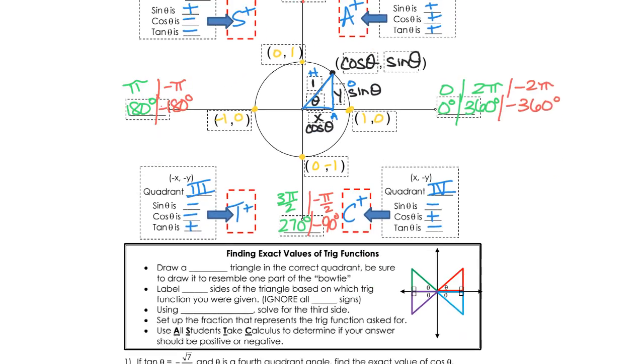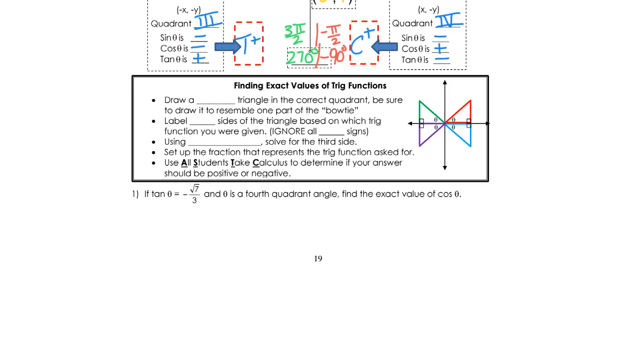All right. So coming down, it says finding exact values of trig functions. We're going to draw a right triangle in the correct quadrant. Be sure to draw it to resemble one part of our bow tie here. Depending on what quadrant you are in will depend on what your triangle looks like. We are going to label 2 sides of the triangle based on which trig function we were given, and we're going to ignore all negative signs.